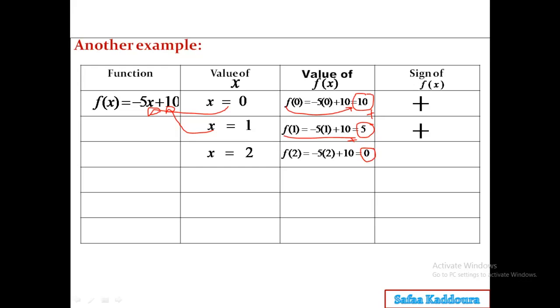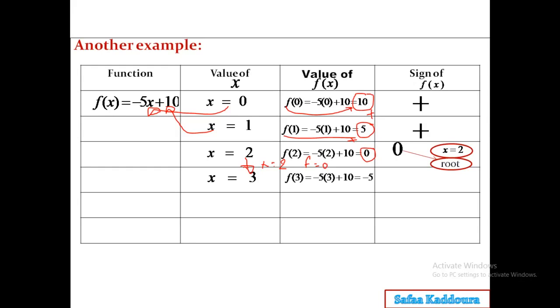When f equals 0, we call x equal to 2 a root. Now we will take values after the root. The root is 2.